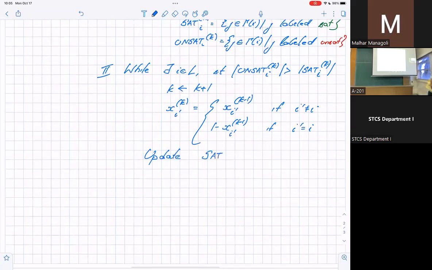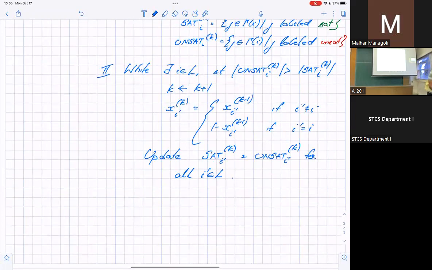Update sat_k of i prime and unsat_k of i prime for all i prime. Strictly speaking, I do it for everything, but you know that the only i primes that will change are the ones at distance 2 from i. The rest will be unaffected.